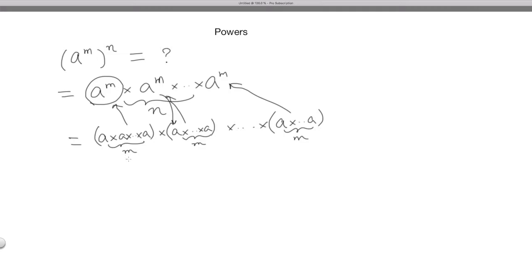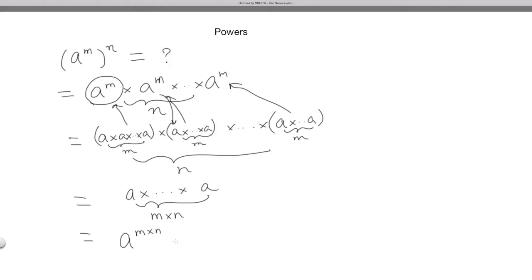Overall, there are n such parentheses. If you count the total number of a's multiplied together, it's actually m times n such a's. So according to the definition of power, this is a to the power m times n. This is law number 3.